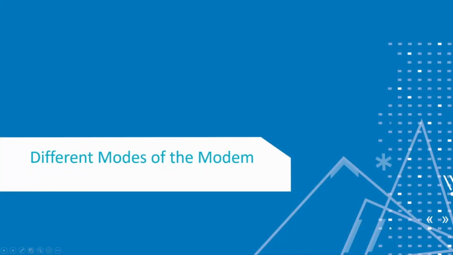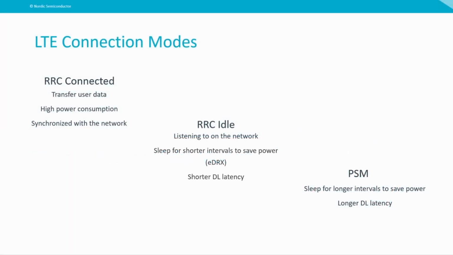So now it's time to look at the different modes the modem can be in. So here are the 3 different modes: the radio resource control connected, the radio resource control idle, and power saving mode. In the RRC connected mode, you transfer the user data, and you have high power consumption. You need to be synchronized with the network, and therefore there are a lot of clocks enabled and running to stay synchronized.